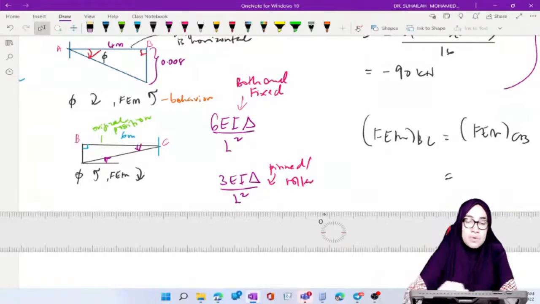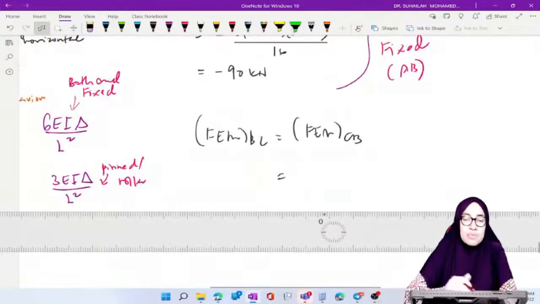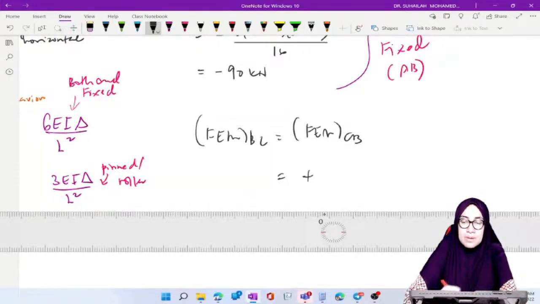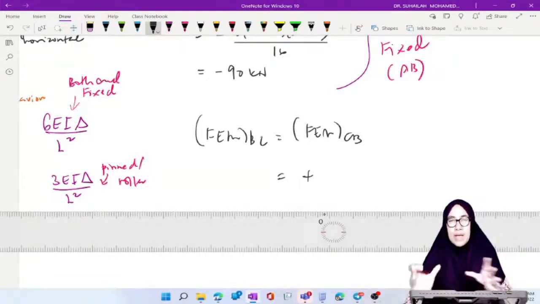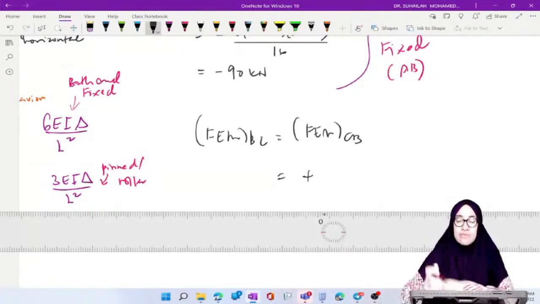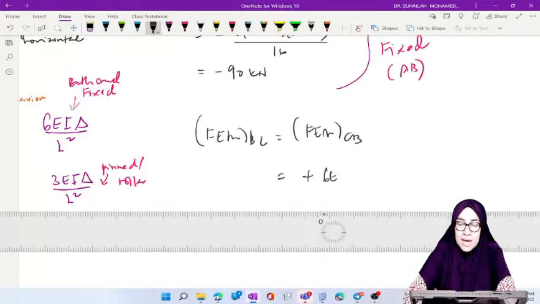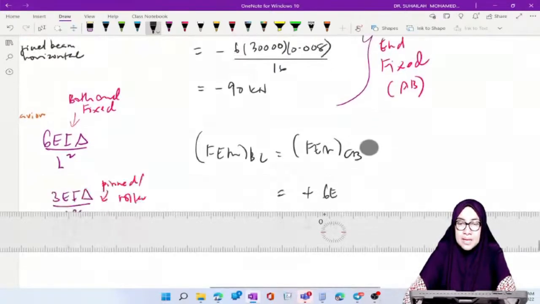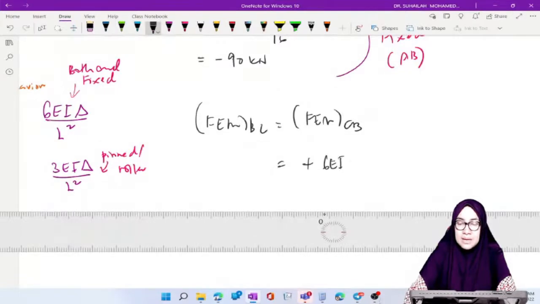FEM is positive here, so we put positive. I want to assume both ends fixed, so we can apply 6 EI delta over L squared.